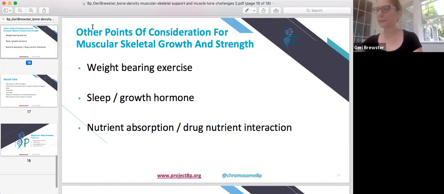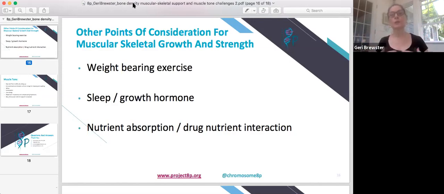Next slide, I think I had some other considerations. We already talked about acid and base, and I mentioned weight bearing a bit, but sleep is vital for the production of growth hormone. Growth hormone relates to the endocrine system, as I was discussing with regard to vitamin D, which is a vitamin but acts like a hormone.